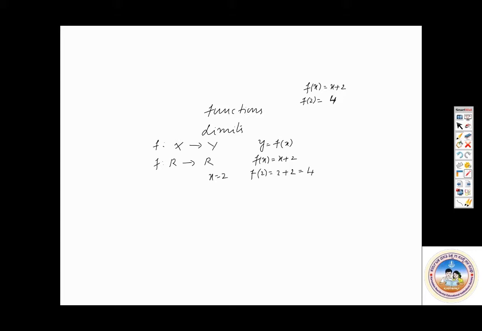Next, coming to the limits case, what do you mean by the limit?